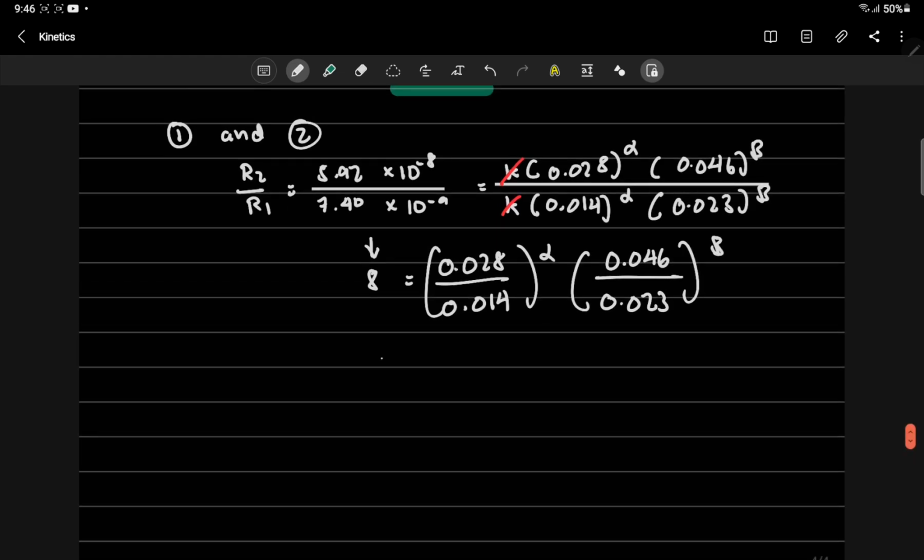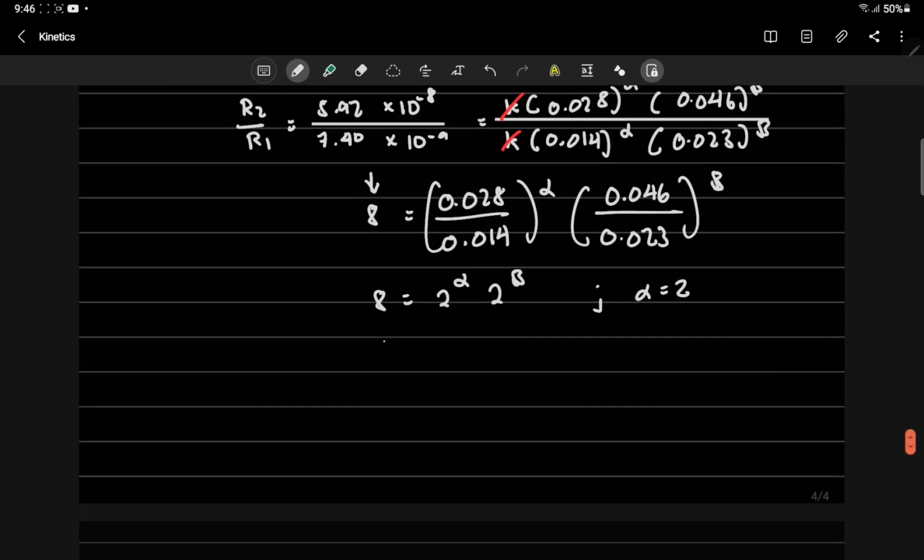So simplifying this further, we have 8 equals 0.028 over 0.014, which is actually equal to 2 raised to alpha. And the other one is still 2. So 0.046 over 0.023 is also 2 raised to beta. But we know alpha already, which is equal to 2 from our first comparison above. So let's go ahead and substitute that: 8 equals 2 raised to 2 times 2 to the beta.